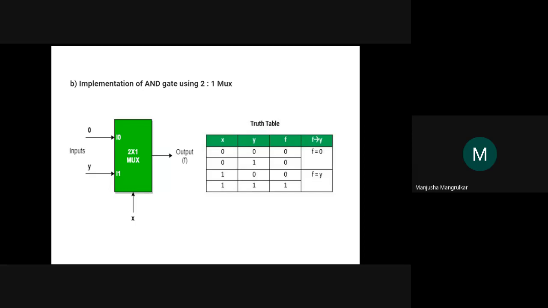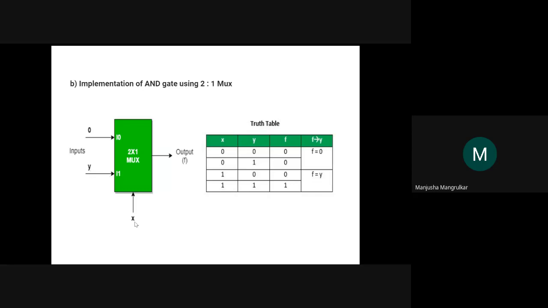So now x and y have the same conditions as before: 0 0, 0 1, 1 0, 1 1, right? When x is equal to 0, whatever the data of this input, it will be represented at the output. Whatever y may be, 0 or 1, the mux does not mind.